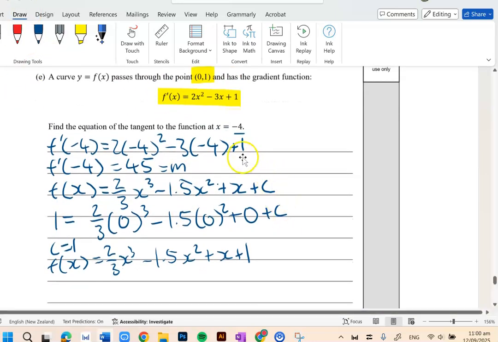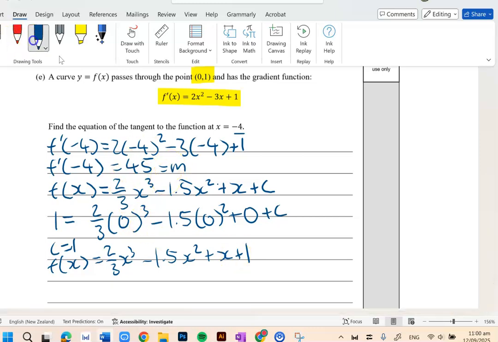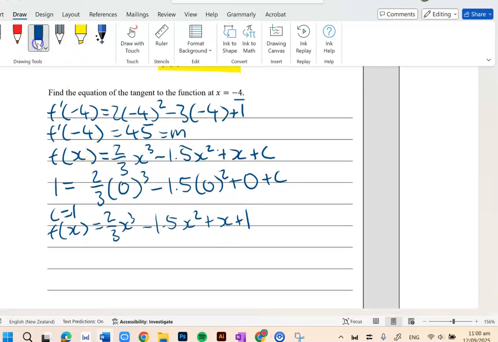So now we're going to find the gradient. Actually, we've already done that. We're going to find the y value for this tangent. So we're just going to pop in -4 in this equation. So that's why we needed to find that c value.